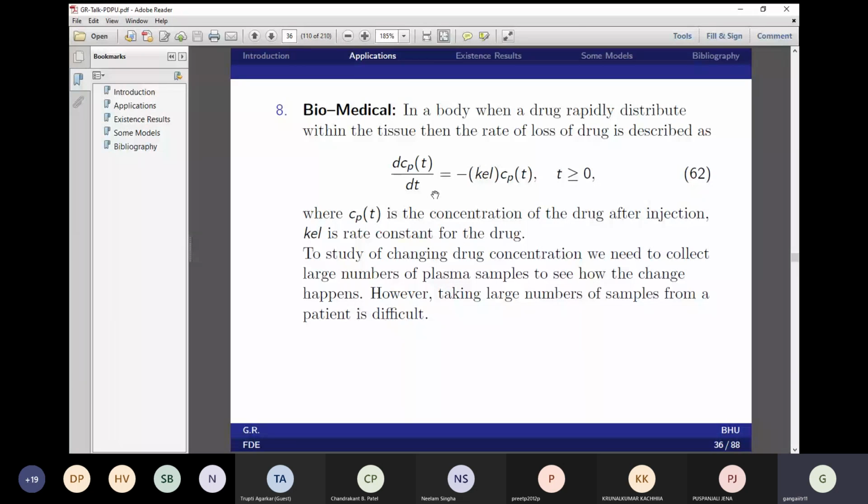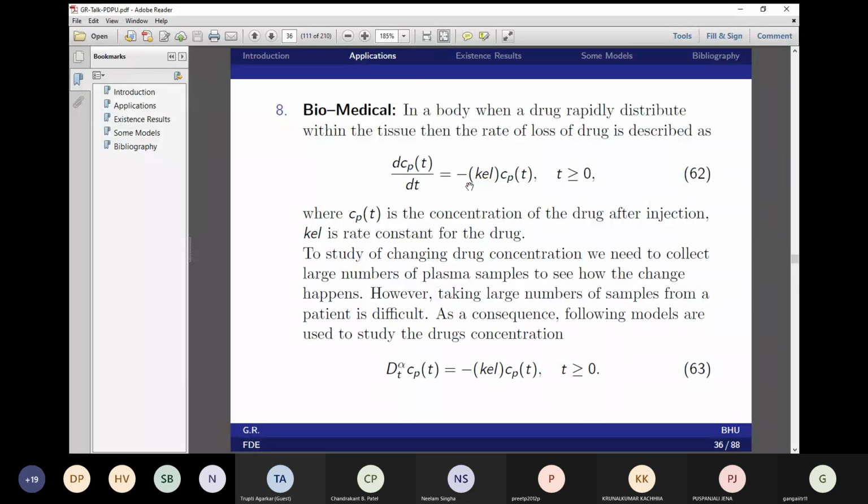If we take a small number of samples and use the fractional derivative in place of the integer derivative, then we can study the changing of drug concentration of the patient.